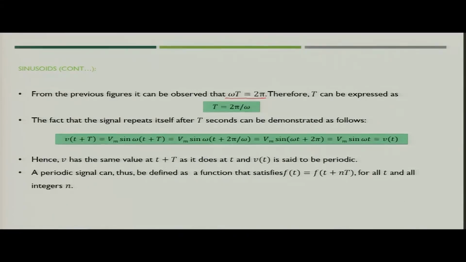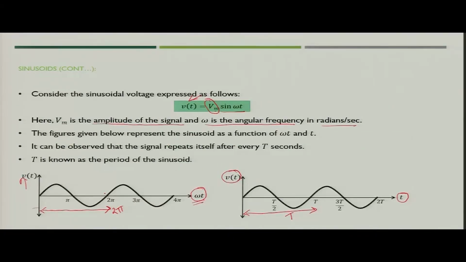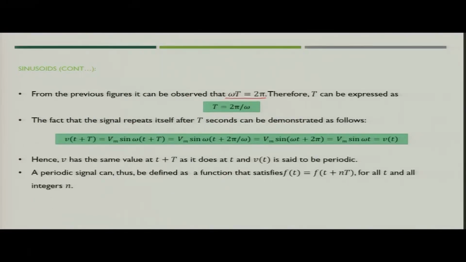So, if you go back to the figure, this is 2 pi, which is nothing but equal to omega into the time period. So, what can we say? We can say omega capital T is equal to 2 pi, and it can be shown that the time period T can be expressed as 2 pi by omega.